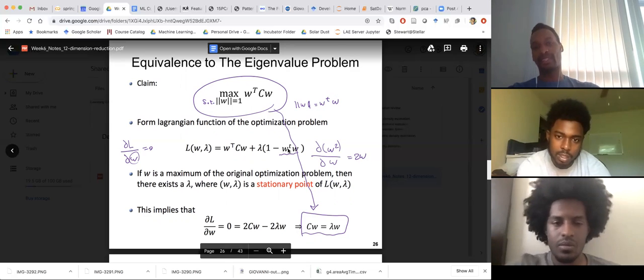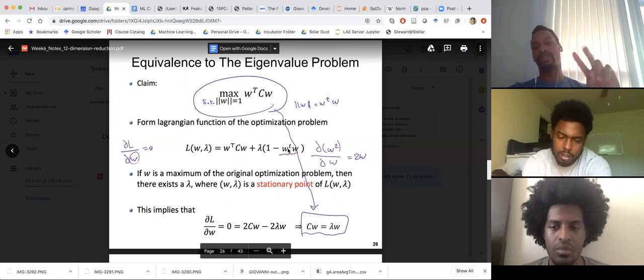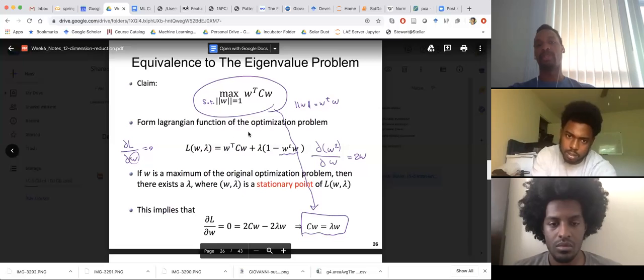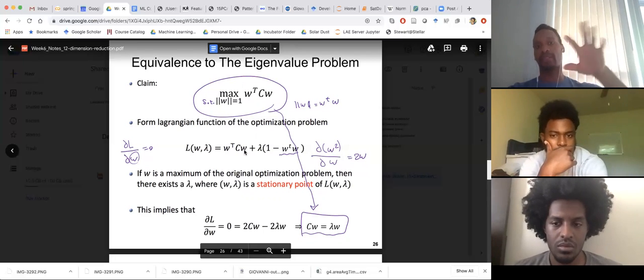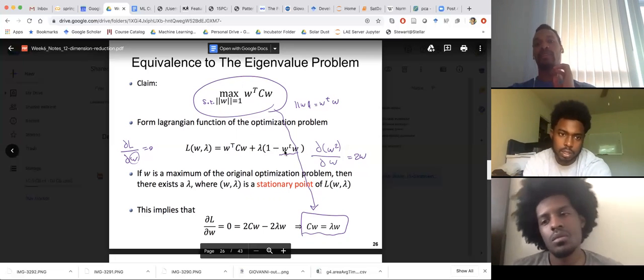But basically, the Lagrangian just takes two functions. So you construct it basically using two functions. F of x, which is the first thing here, or in this case, f of w, which is your objective function, and then the g of x, or g of w in this case, is your constraint function.